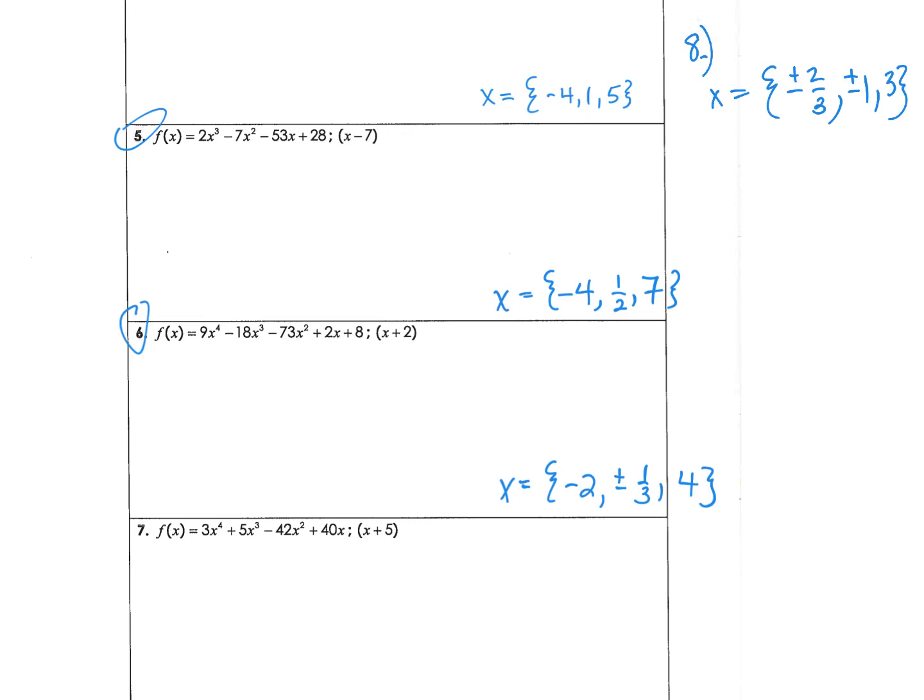Cruise through and maybe get it done. The longest part of the process is going to be the factoring.